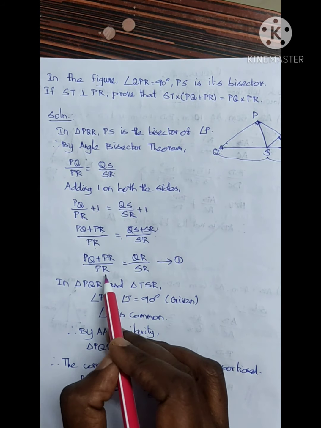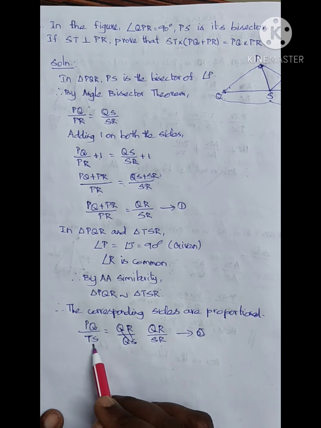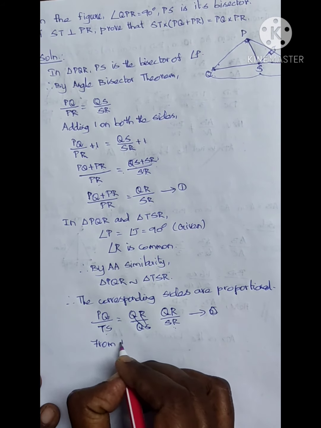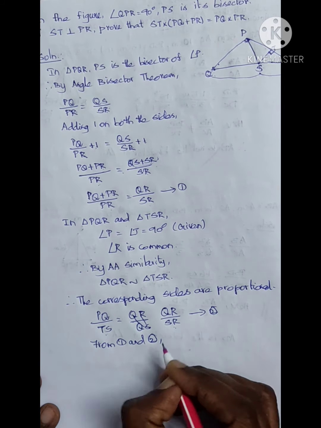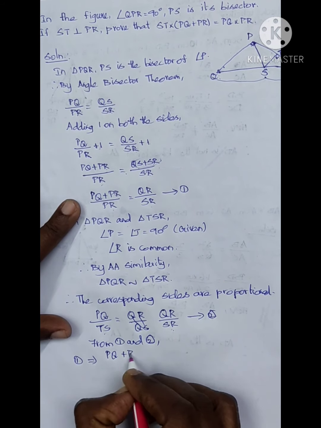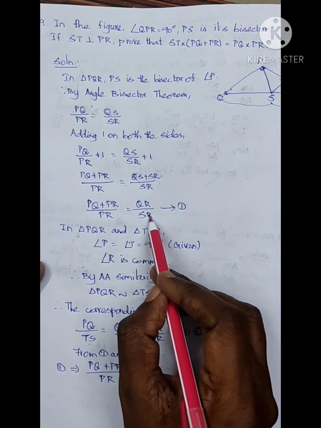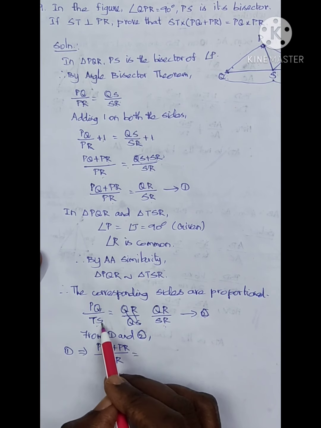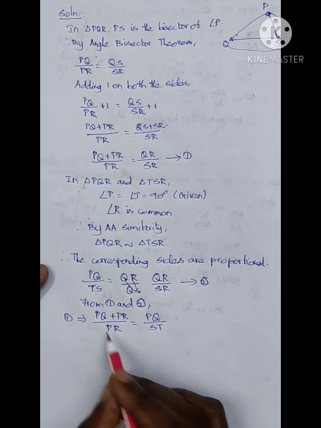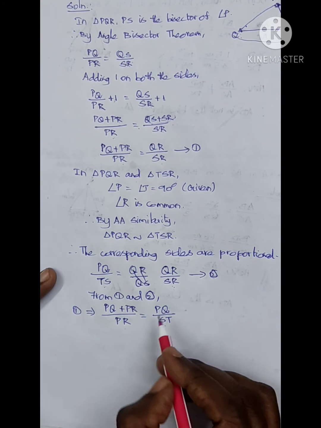In 1, we have PQ plus PR by PR equal to QR by SR. And in 2, we have PQ by ST equal to QR by SR. So, from 1 and 2, PQ plus PR by PR equal to, in the place of QR by SR, we are going to write PQ by ST. So PQ plus PR by PR equal to PQ by ST. Now cross multiply these two.